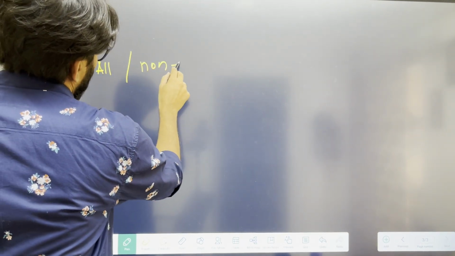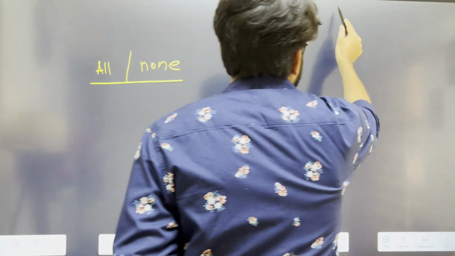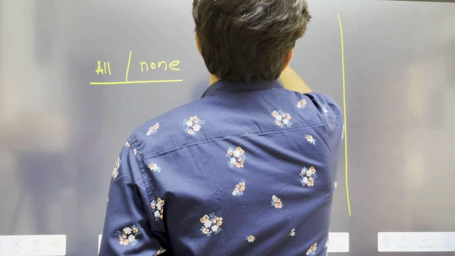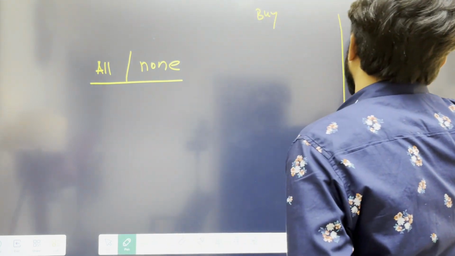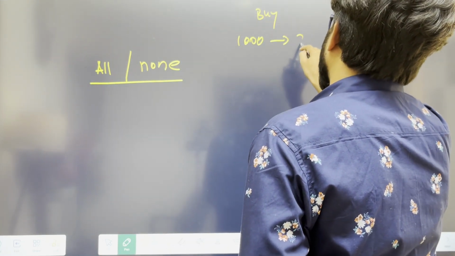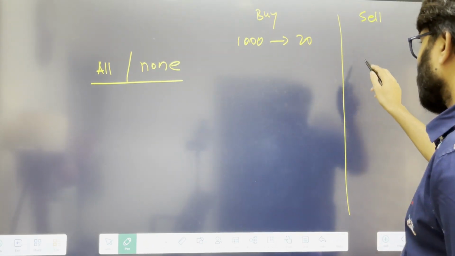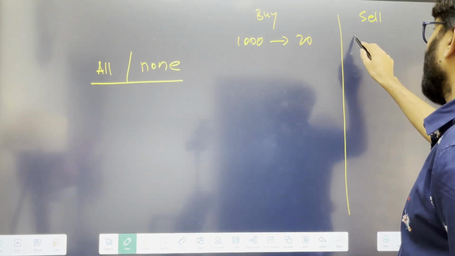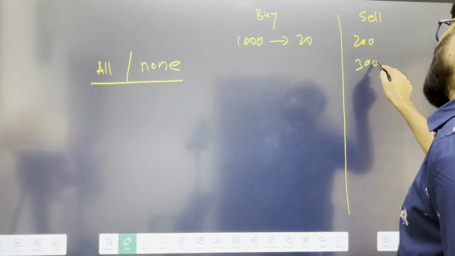So for example, if you see the order system of BSE or NSE, whatever it is, buy side and sell side. Let's say you have a quantity of 1000, price 20, right? So here you would see you have a volume in the system.